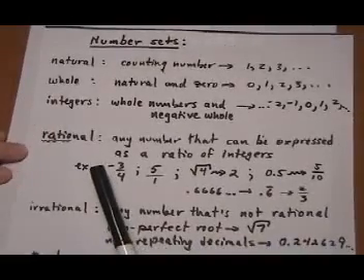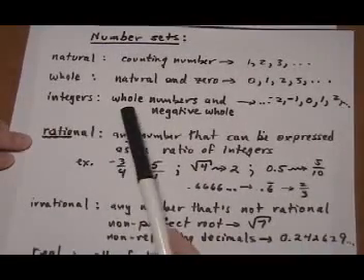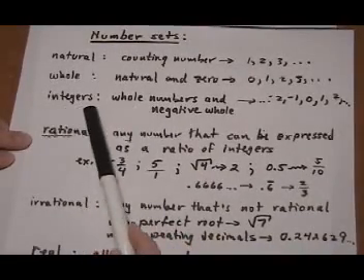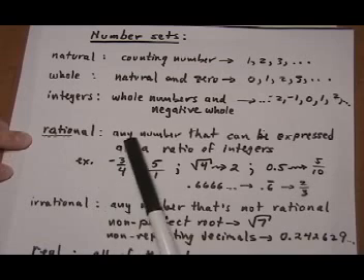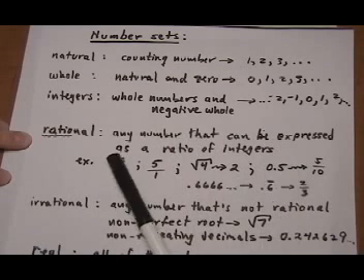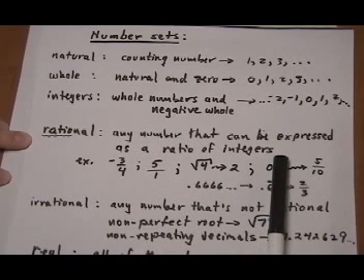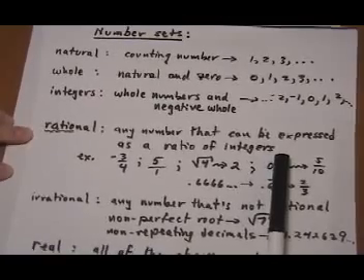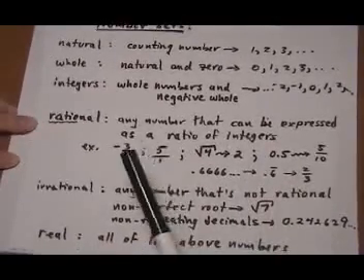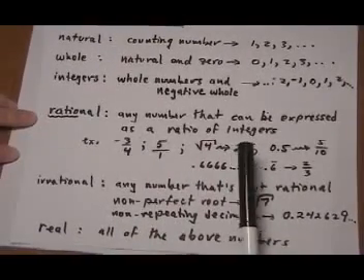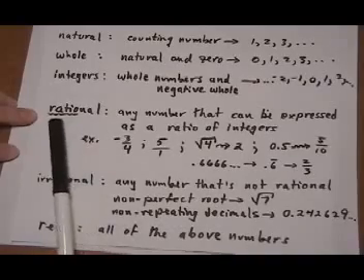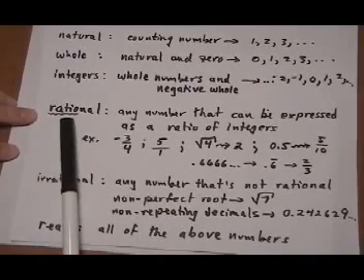Rational numbers. Once again, they include everything above it, so they include the integers, and they are also the numbers between integers. That would be any number that can be expressed as a ratio of integers. The way I always remember that rational numbers can be expressed as ratios, or as a fraction, is that the word rational starts with the word ratio.